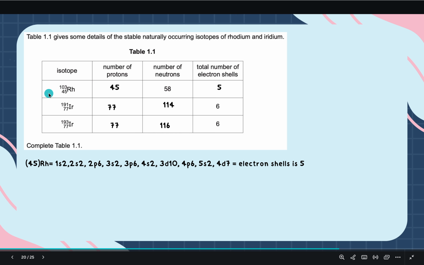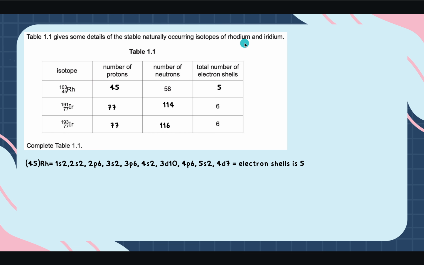Next question. Give some details of the stable naturally occurring isotopes of rhodium and iridium. So to get these quantities, the number of protons is shown here. So 45, 77, 77. The number of neutrons is the number of nucleons minus the number of protons.